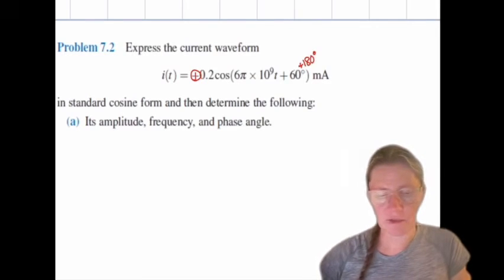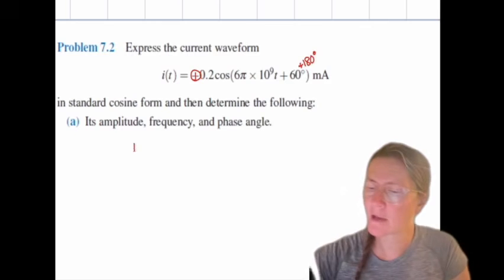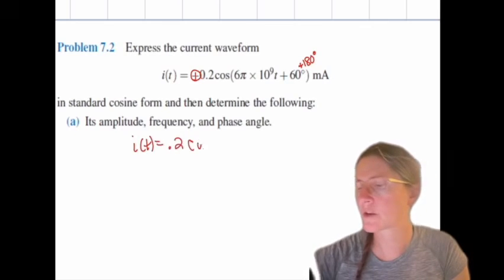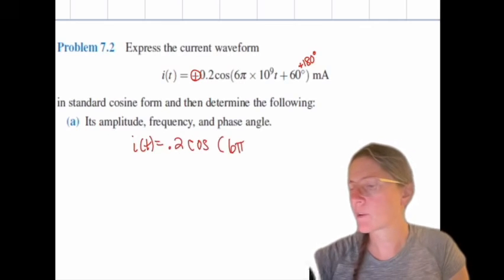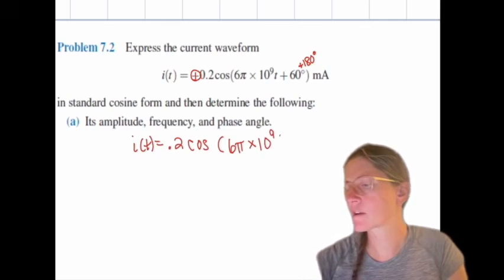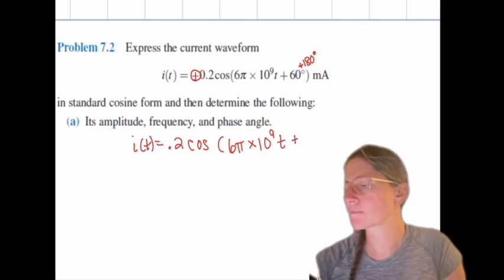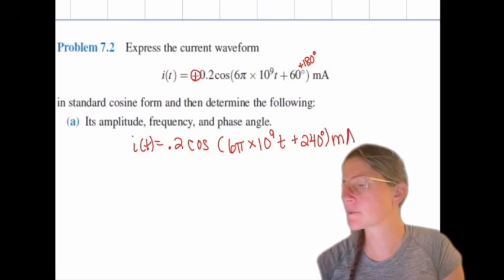to this one. So you're going to have i of t equal 0.2 cosine 6 pi 10 to the 9th t plus 240 degrees milliamps.